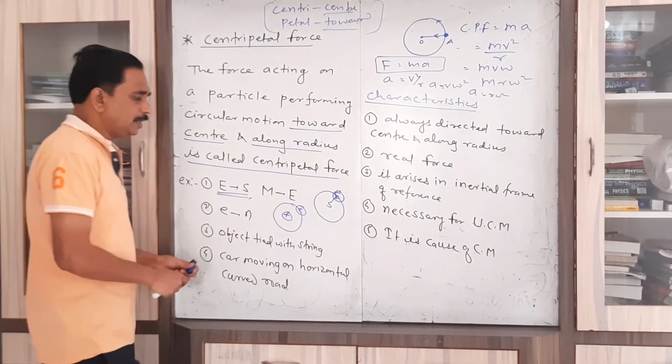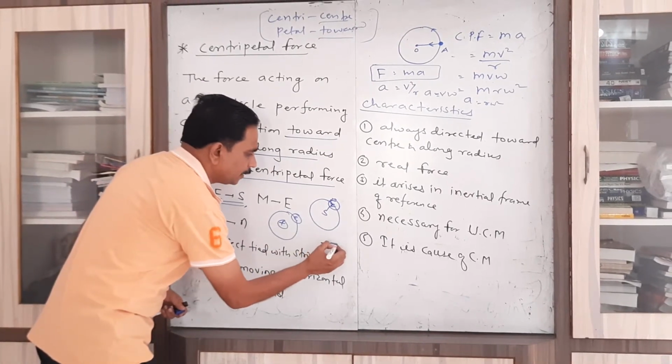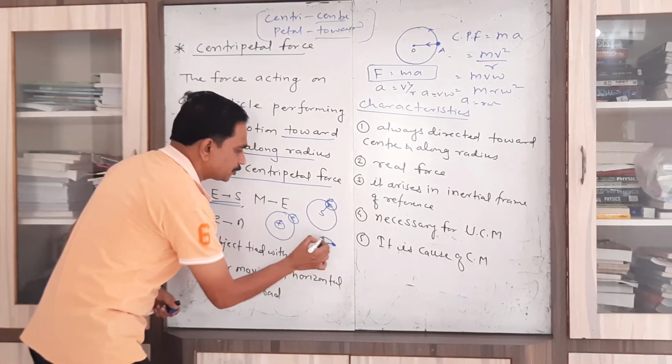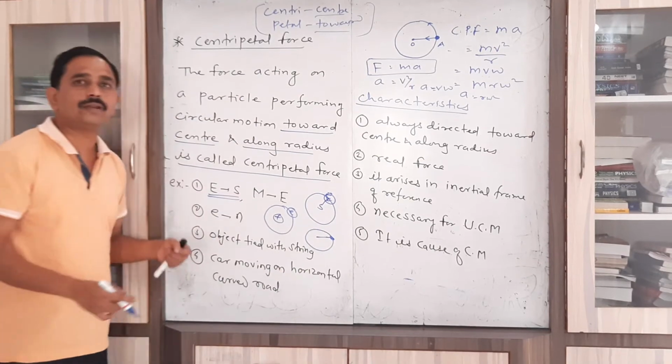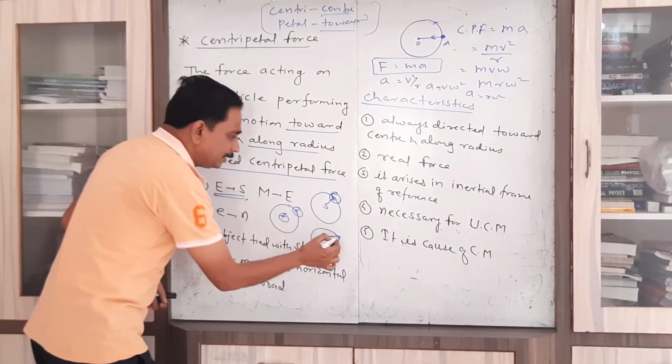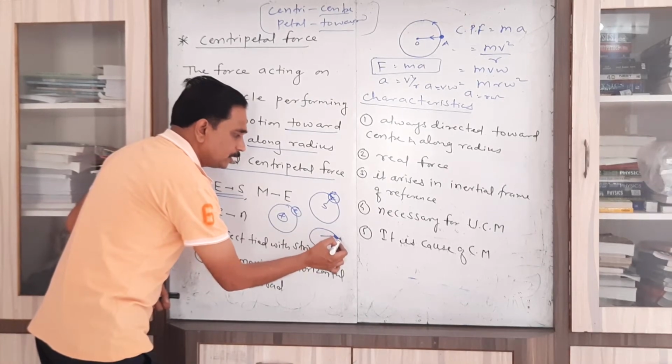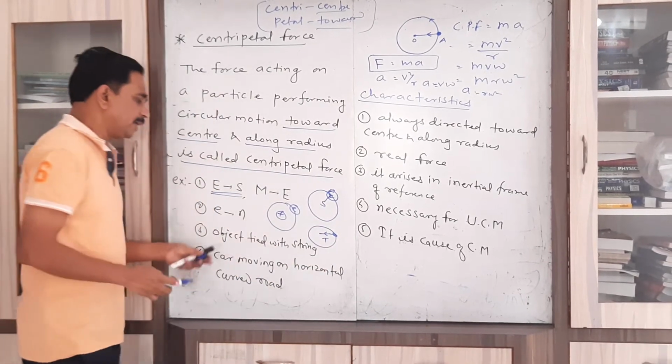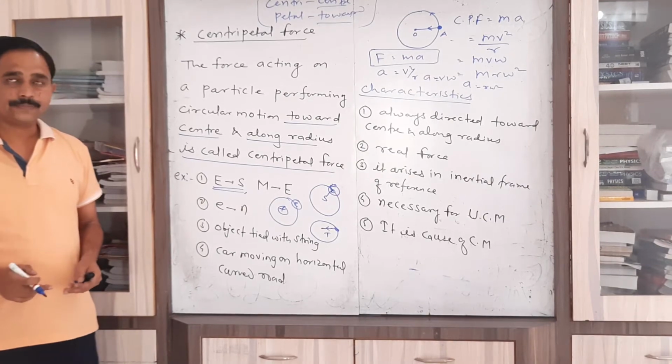Now if we consider a particular object that is tied with the help of a string and revolved in a horizontal circle, then the necessary centripetal force is provided by the tension in the string.